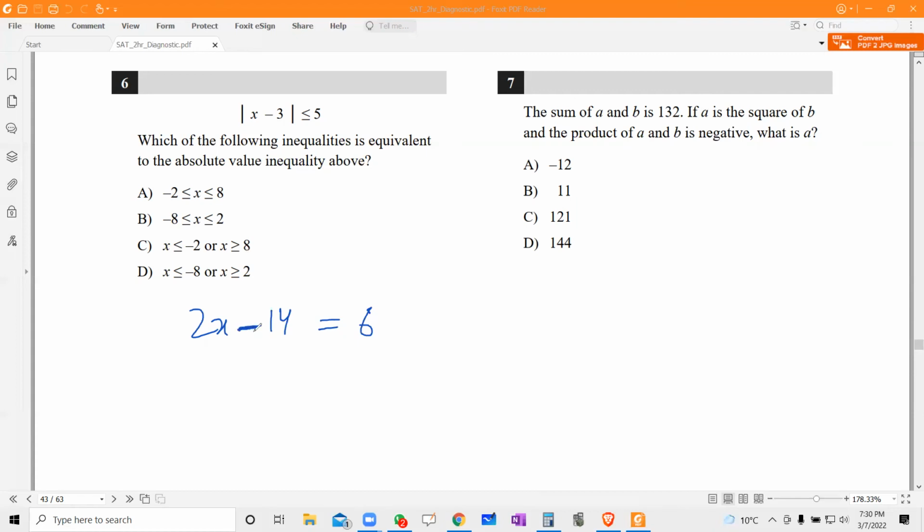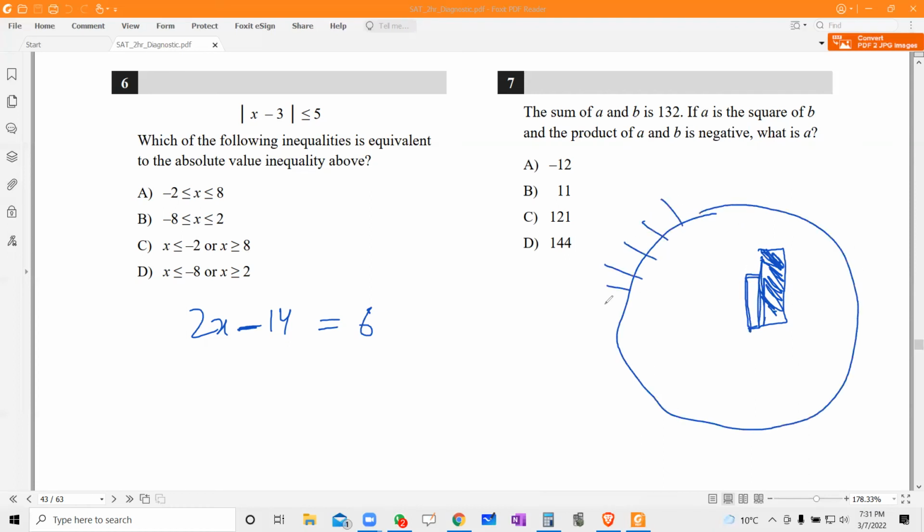First of all, you will eliminate those enemies which are outside your palace. If you want to kill some king inside the palace, you'll not attack directly the person who is outside his door. You will first kill those persons who are outside his palace. So that is -14, which is outside, and 2 is very close to x, which is inside. 2x is in multiplication, so 2 is very close to x.